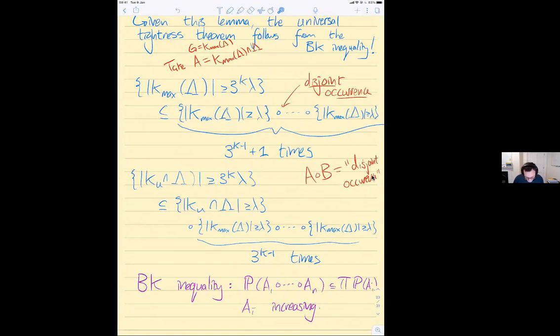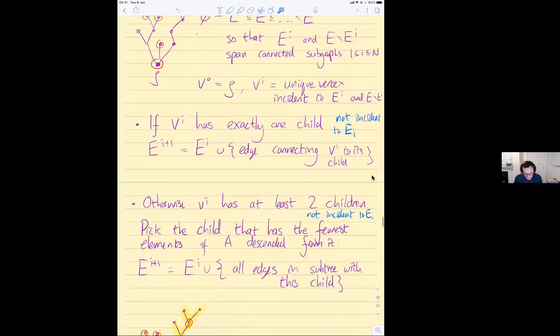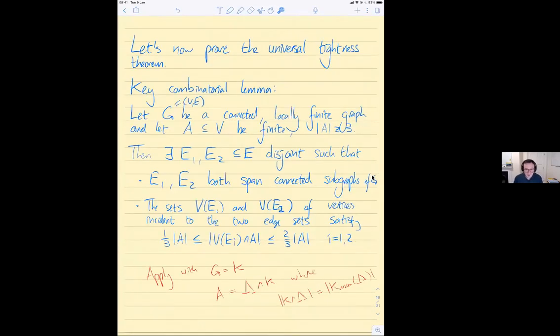The way you prove this is by the following general combinatorial lemma. Let G be any connected locally finite graph, and let A be a finite subset of the vertex set with at least 3 elements. The claim is that in this situation, I can find two disjoint sets of edges, E1 and E2, each of which spans a connected subgraph of the big graph.